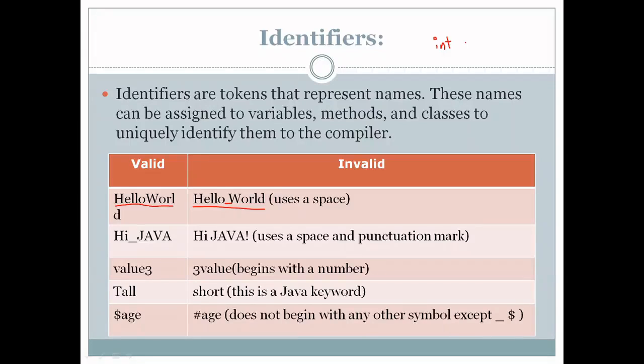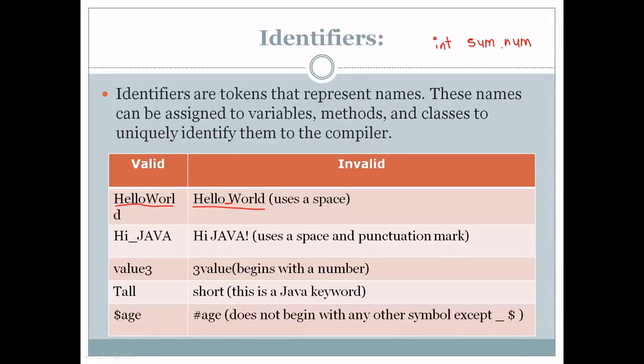and if I declare a variable say sum, space number, so this type of declaration, it is not a valid declaration because we have a space in the variable name.